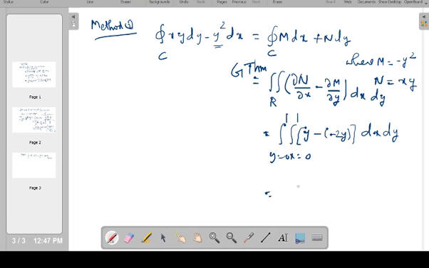So this is the earlier step, this is 3y, and the rest of the calculation is the same, and you will get the answer 3 by 2. So for the exam you don't have to do both methods, you have to just do either of these methods. Thank you.